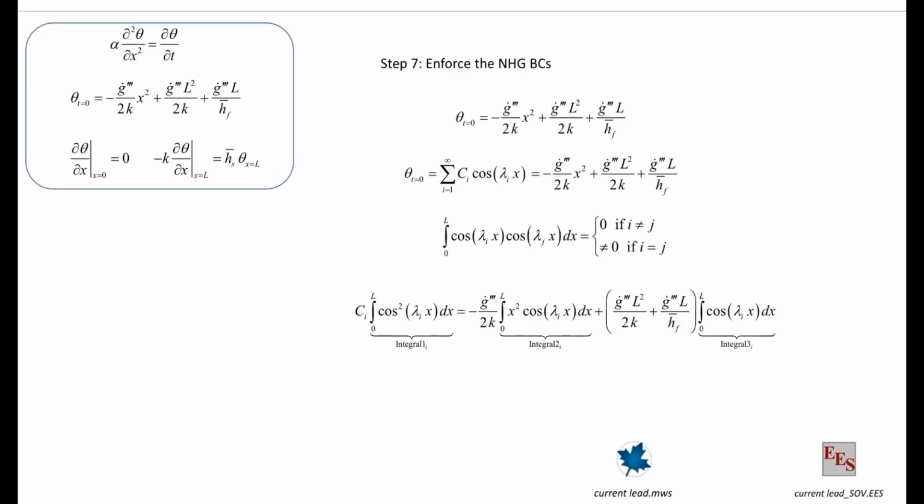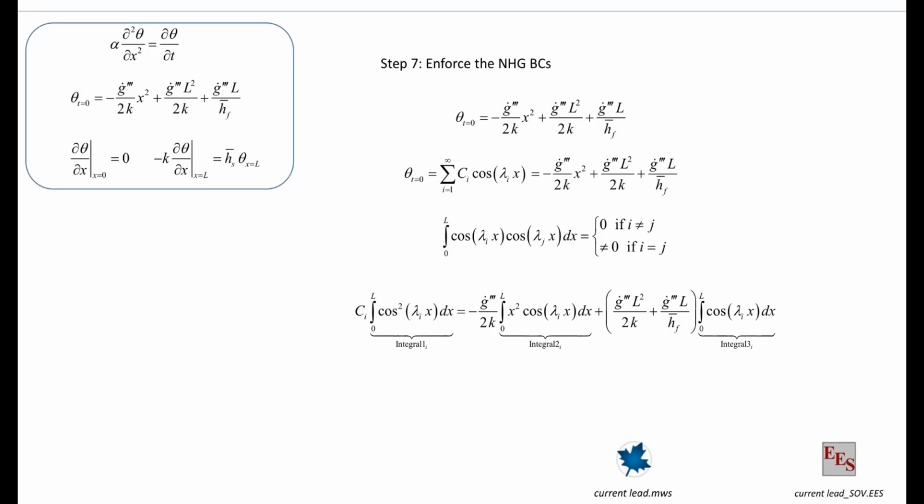All right, we have our expression, we have unknown constants, we need to enforce the boundary condition. So how do we do this? What is our boundary condition, first of all, in the non-homogeneous direction? Right, it's our initial condition. The non-homogeneous direction is time. So we have an initial condition in that time direction. We need to enforce that.